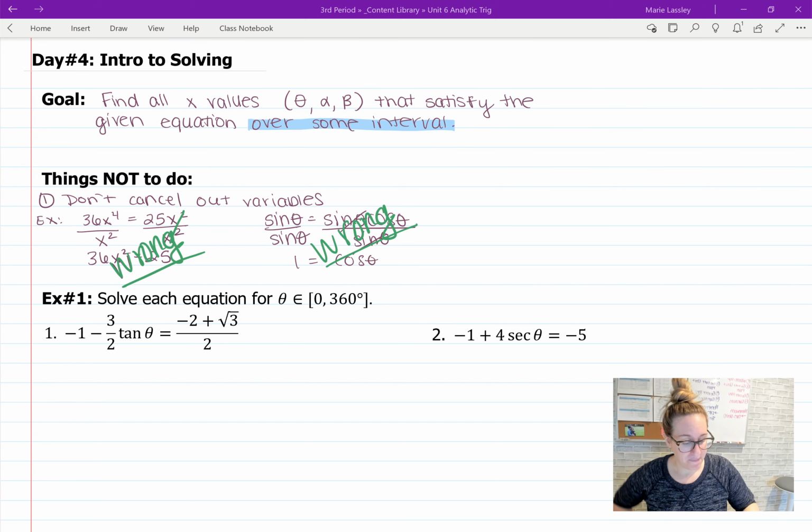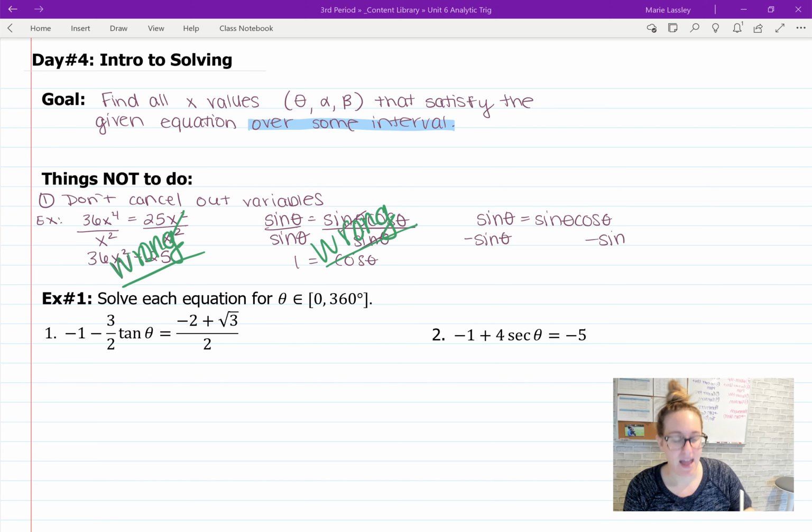So for our trig one, what we want to do instead is subtract sine from both sides. Sine minus sine makes 0, and on the right-hand side I now have sine theta times cosine theta minus sine theta.